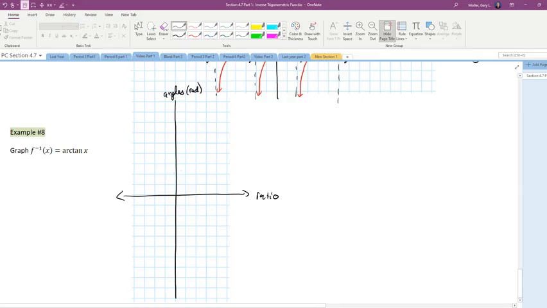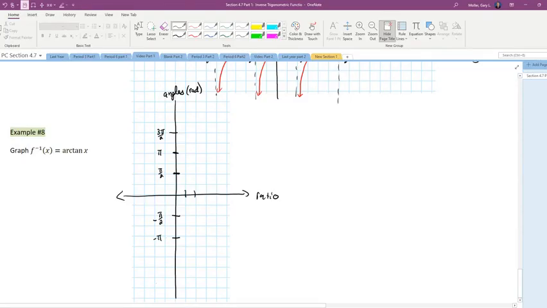So there's pi over 2 and pi and 3 pi over 2 and negative pi over 2 and negative pi, and we've got 1 and 2.